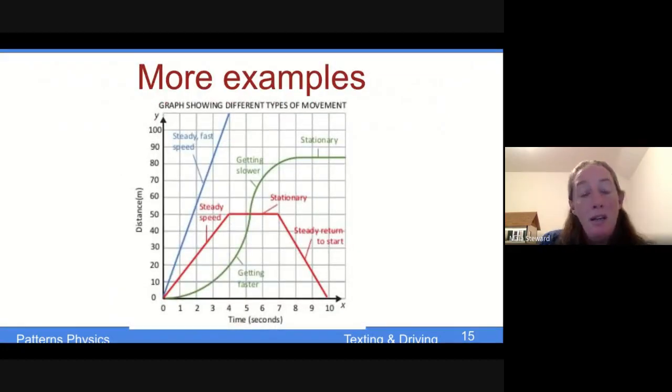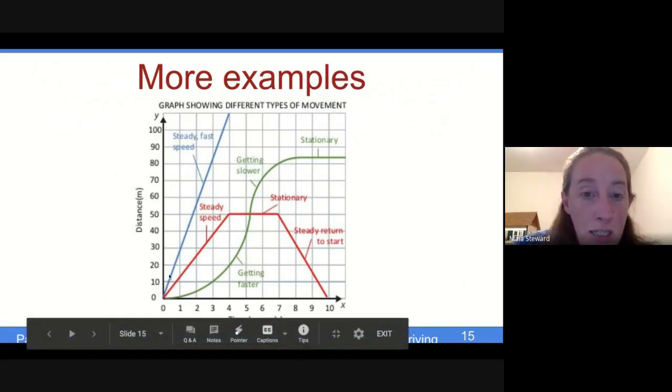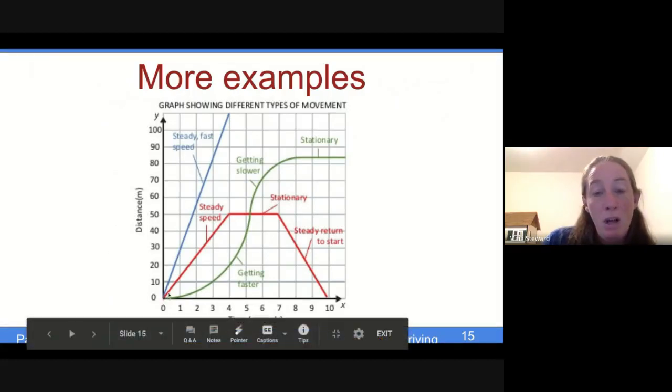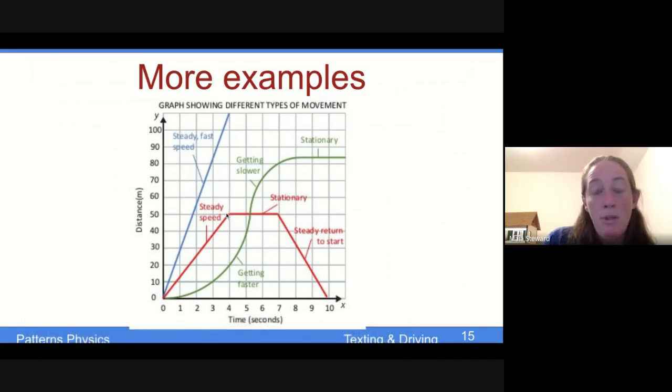So, can we interpret from a graph what a car is doing? Well, let's look at this first one. If the car is steady, speeding along at a fast rate, you got a straight line. That's constant velocity. That car is maintaining a fast speed. But what if the car was speeding along and then came to a dead stop? Boom. Let's say there was something in the road right here.